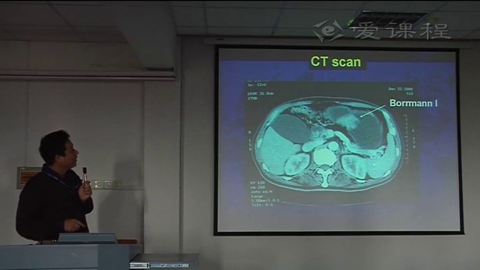What's this? Spleen, and what's this? Aorta, and IVC. What's this? This is vein, artery. What's this? Superior mesenteric artery.